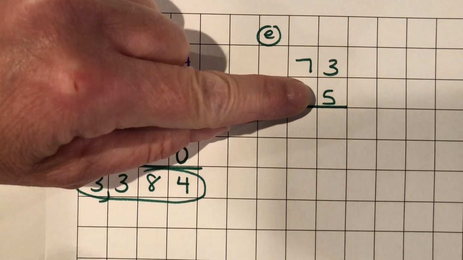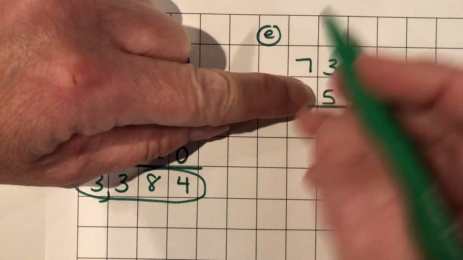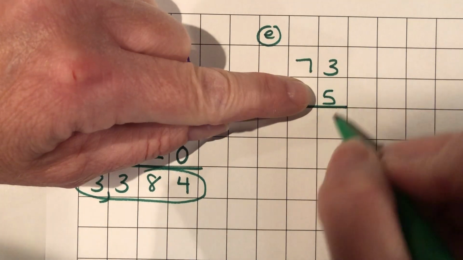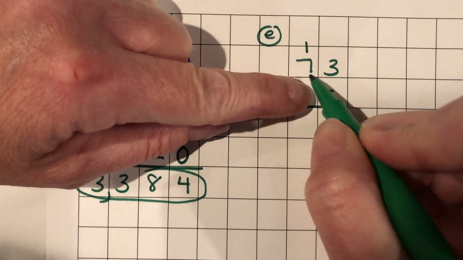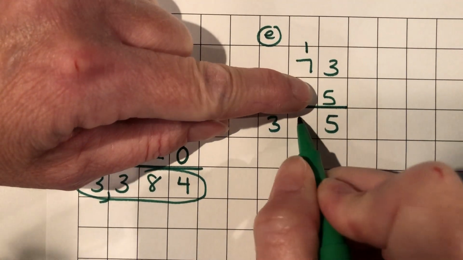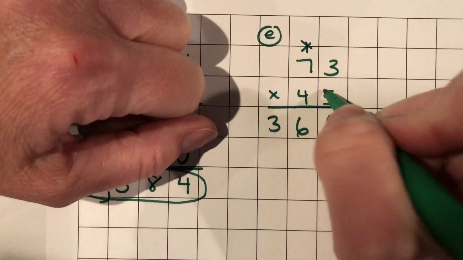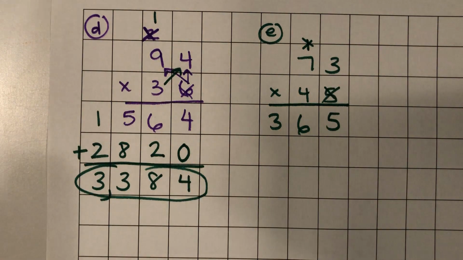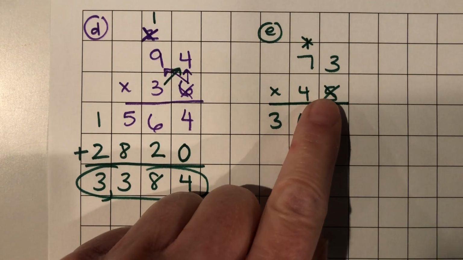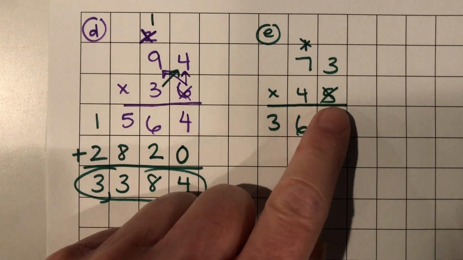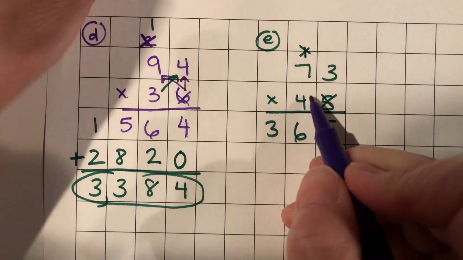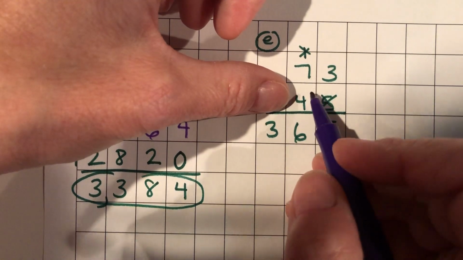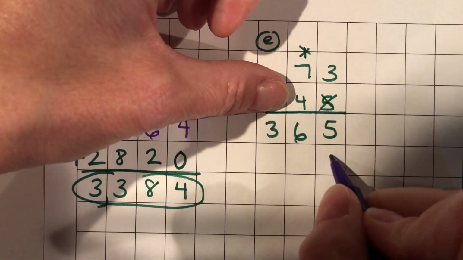All right, I'm going to start with my ones place. I'm going to do the 73 times 5, and I just solve it like normal. 5 times 3 is 15. 7 times 5 is 35, plus 1 is 36. I'm done with that 1. I'm done with the 5. Now, I want to multiply 73 by 40, right? Because we're breaking it up into 40 and 5. So when you multiply 73 by 40, we know that's the same thing as 73 times 4 with a 0.